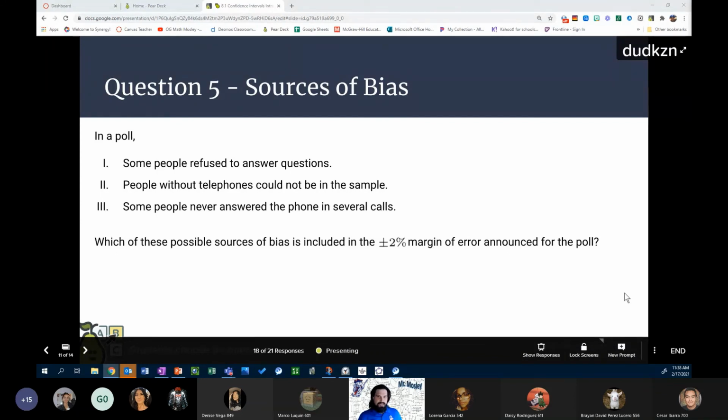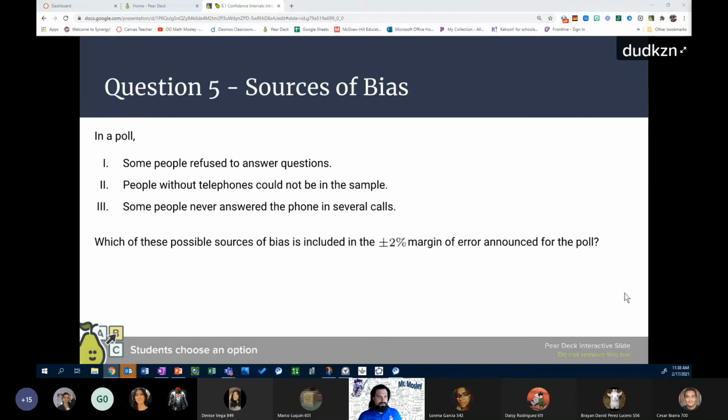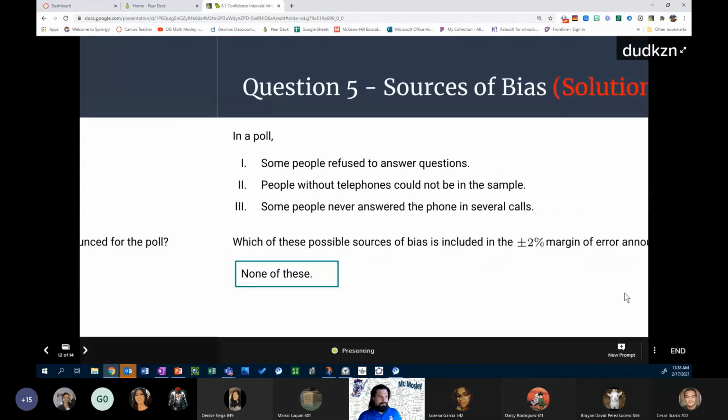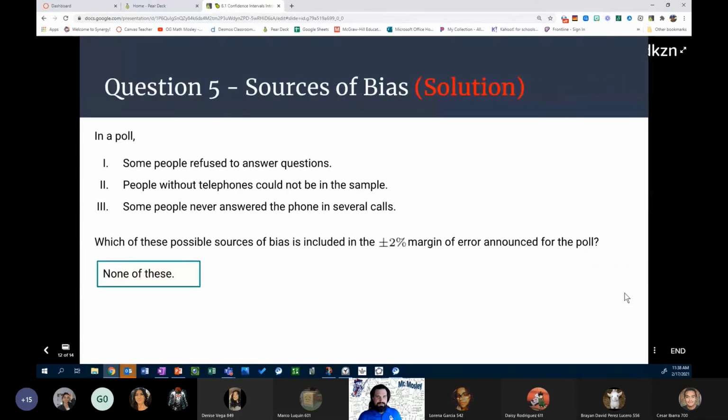So let's look at the actual answer. None of these. It was option E. Each of these 3 biases are results of like undercoverage, right? Non-response, right? Those are things that are not considered in our margin of error.